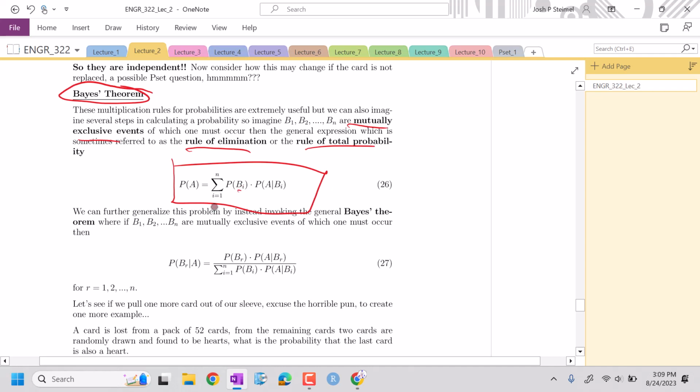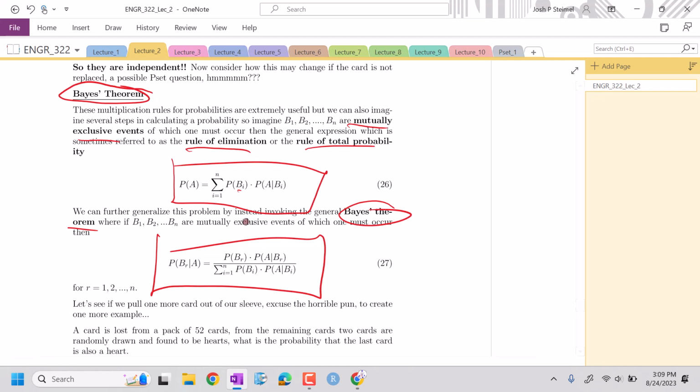And we can further generalize it by invoking Bayes' theorem, where we have the probability of a specific mutually exclusive event B occurring, given that A has occurred. We can write it essentially as this. There could be multiple of these events, but if we want to calculate that specific event, then we can look at this.